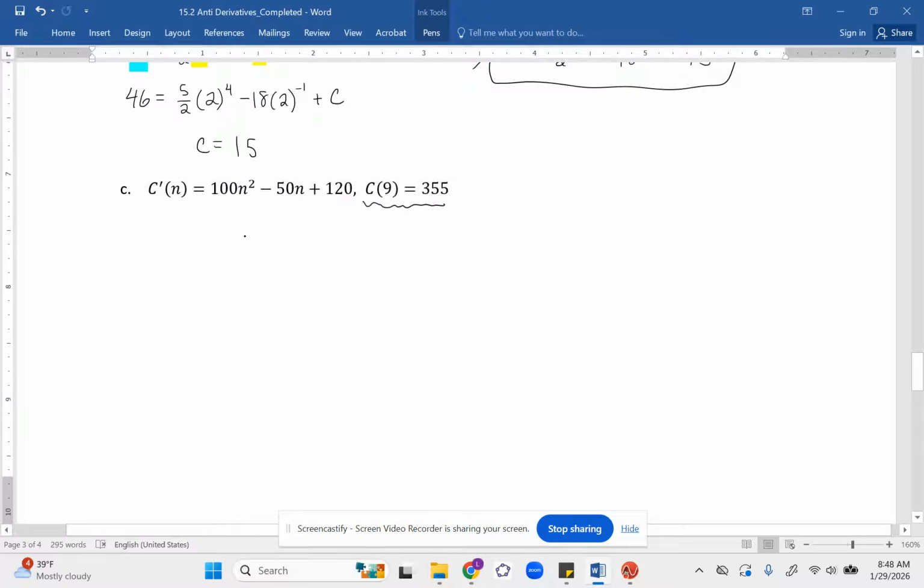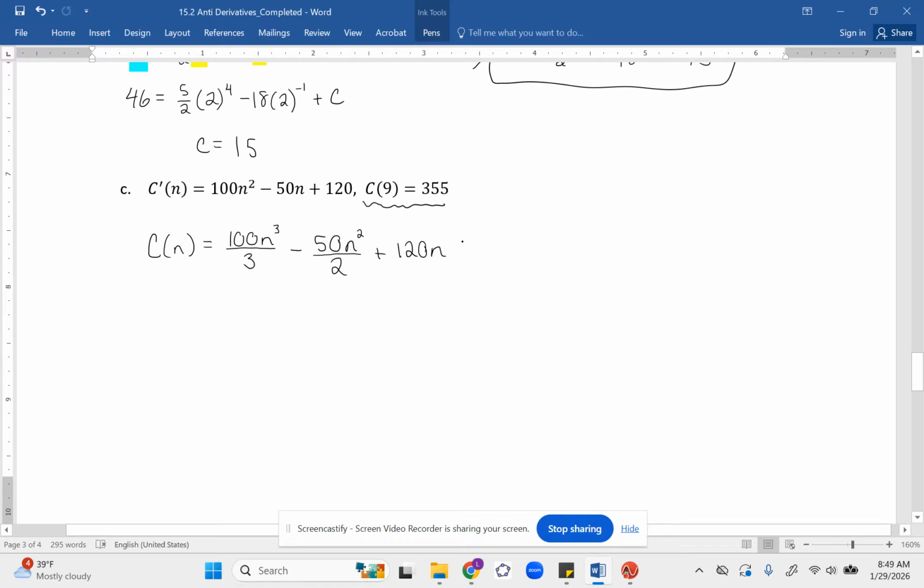Now, notice when I find the antiderivative, so c of n, add 1 to the exponent, so I have 100n, add 1 and divide by the new exponent, 100 over 3 is not going to simplify, so I'm going to leave it like that. Minus 50n, add 1 to the exponent, divide by the new exponent, and the antiderivative of 120 is 120n.